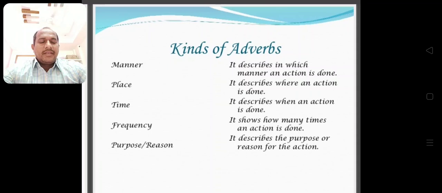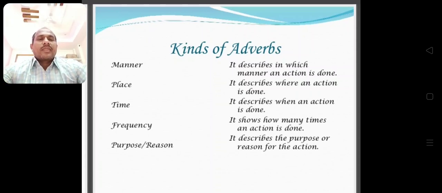There are five main kinds of adverbs in English: adverbs of manner, adverbs of place, adverbs of time, adverbs of frequency, and adverbs of purpose or reason. Manner describes in which manner an action is done. Place describes where an action is done.